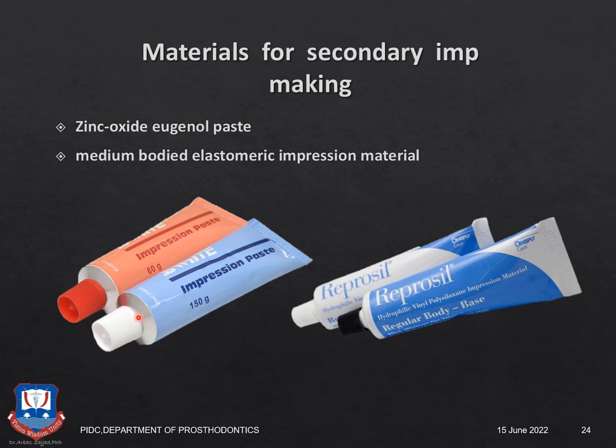Although it has one disadvantage, that it is messy and it is brittle and may break or crack in the undercuts, such as bilateral tuberosity undercuts or the exostosis or the tori. Another material which can be used for making final impressions is Reprosil, which is a regular body or medium body silicone impression material, also known as monophase, and marketed as another brand is Imprint Monophase.